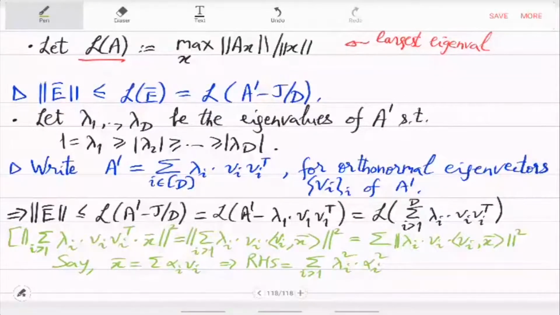So you are left with the sum of lambda I square alpha I square, and the sum of alpha I square is actually 1. Okay, so this expression is at most the highest lambda I, which is lambda 2.